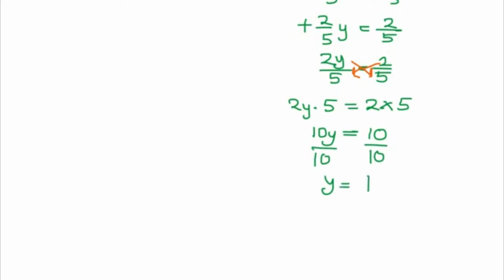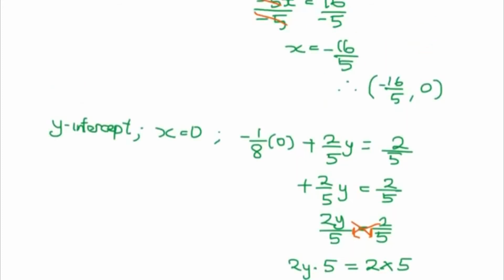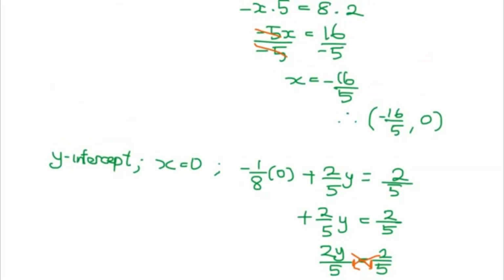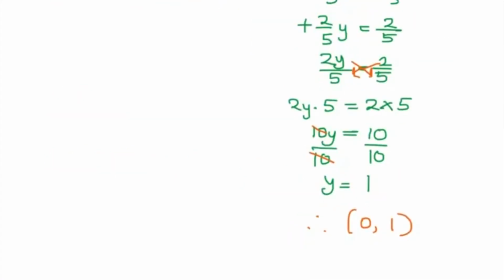So once we have this, then it means that our y-intercept when x is equal to 0 is equal to 1. So once we have these two, we have our x-intercept to be this value, and the other one, our y-intercept, to be that particular value, which is 1.